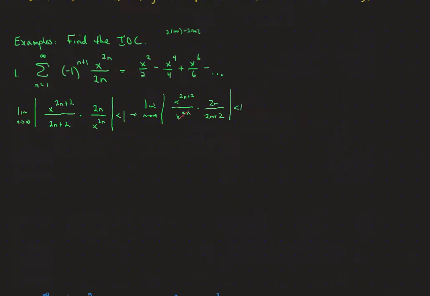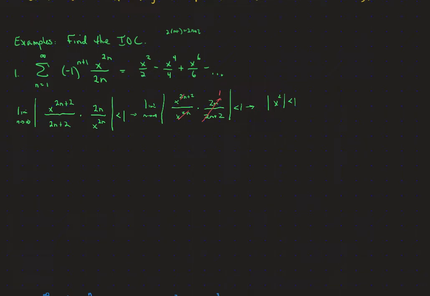So these will cancel out, and as n goes to infinity, as n gets bigger and bigger, that plus 2 becomes insignificant. It's going to look more and more like 2n over 2n, which is just 1. So what we're getting then is that x squared is less than 1.